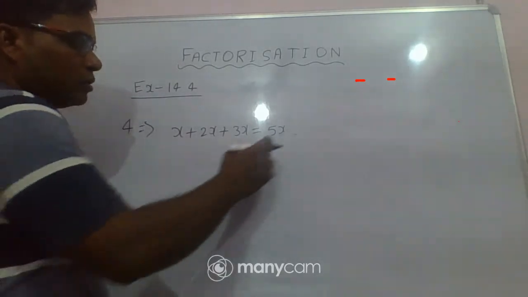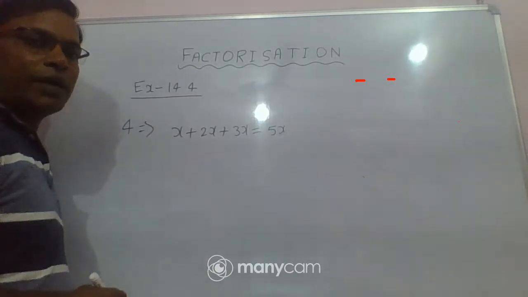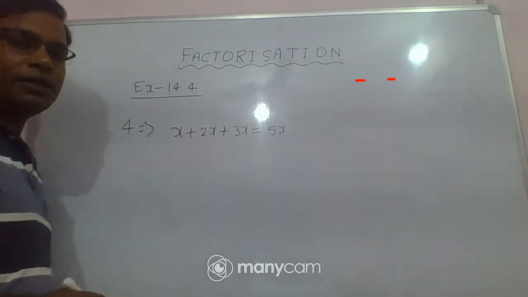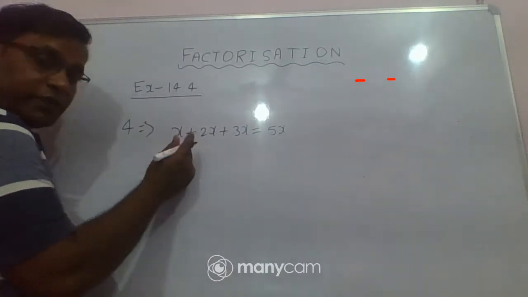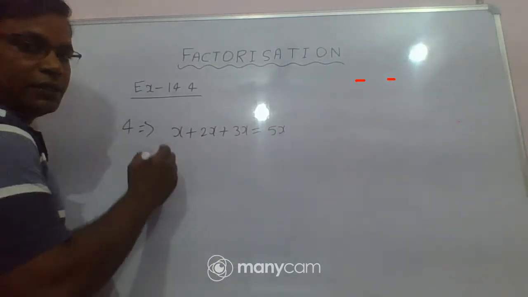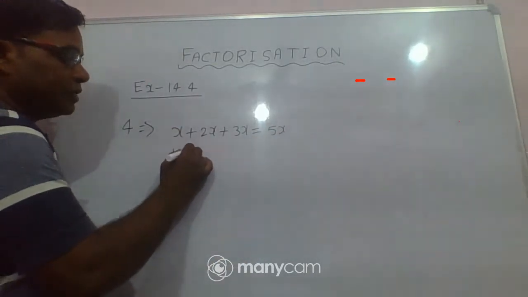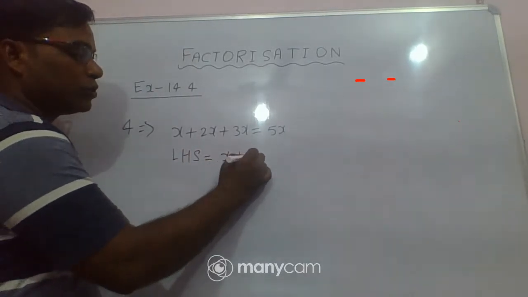We take the left hand side and try to find the error, and also find the correct statement. This is the left hand side and this is the right hand side.